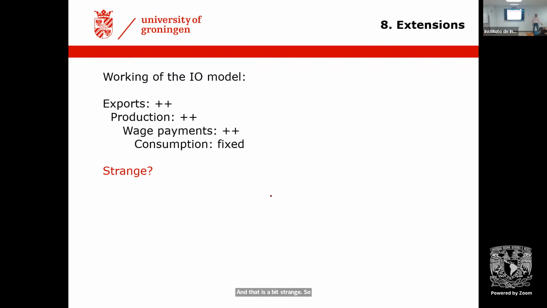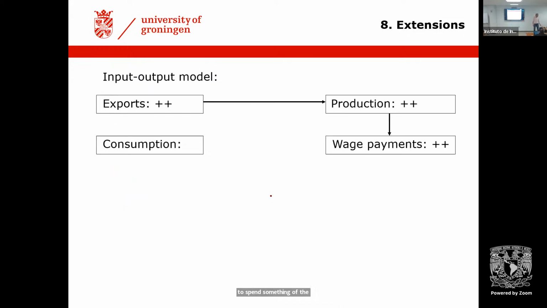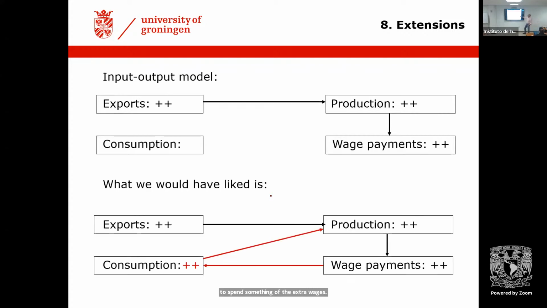So you would expect that if the wages go up, you're going to spend something of the extra wages. This is what we have: exports go up, production goes up, wage payment goes up, and then it stops.